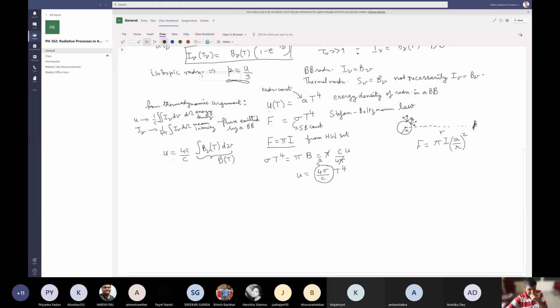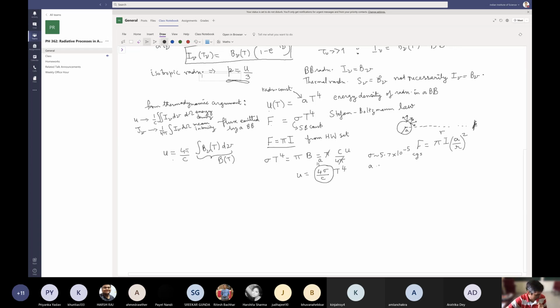It's useful to recall, as I said, that knowing these values roughly helps. So sigma in CGS units is 5.7 times 10 to the minus 5. You don't have to write the unit, this is in CGS units; you can easily calculate what the units are.